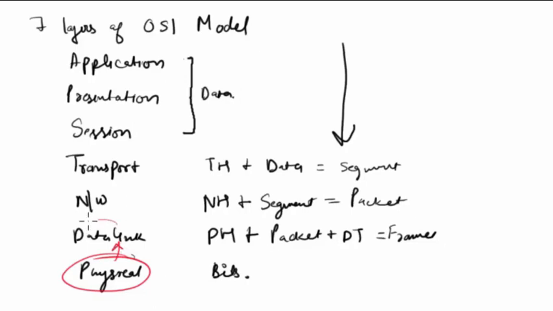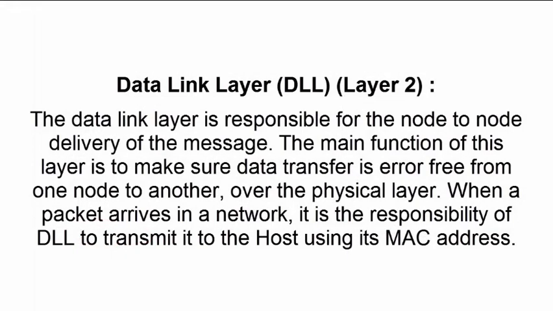Okay. These functions we will discuss in further videos. The next layer is the data link layer. The data link layer is responsible for the node-to-node delivery of messages. The main function of this layer is to make sure that transfer is error-free from one node to another over the physical layer.